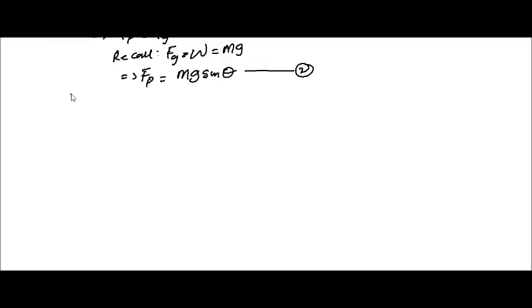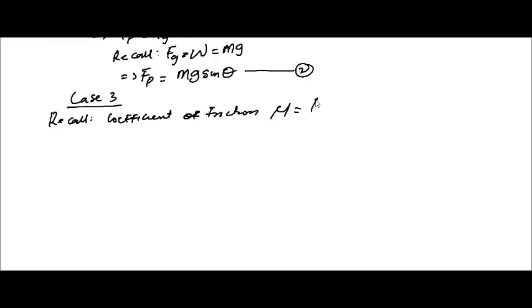So we can quickly do case 3, because what we are looking for is the coefficient of static friction. Recall that generally we have the coefficient of friction. Coefficient of friction is given by mu, which is frictional force over normal reaction.